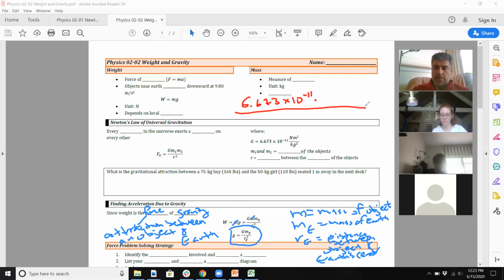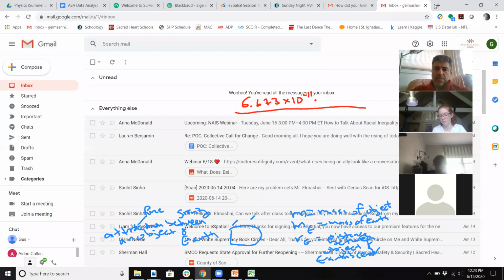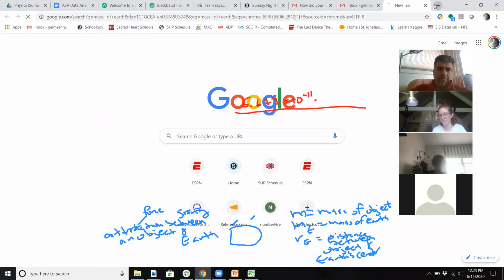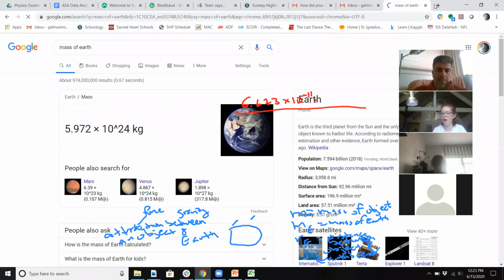The radius of the Earth, I don't know either, so let's look that up right now. Mass of Earth: 5.972 times 10 to the 24.